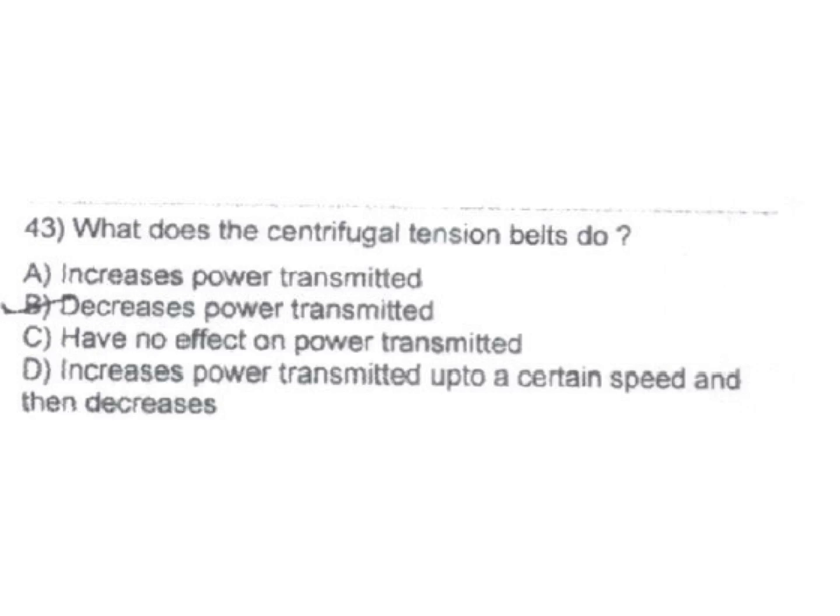What does the centrifugal tension in belts do? A. Increases power transmission, no. B. Decreases power transmission. C. Has no effect on power transmission. D. Increases power transmitted up to a certain speed and then decreases.